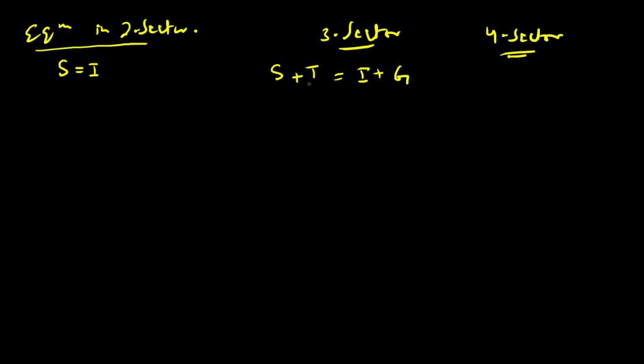Initially, saving was the only leakage from the circular flow of income in the two sector economy, and investment was the only injection. In the three sector economy, saving plus taxes are two leakages, and investment plus government expenditure are two injections. And in the four sector economy, we will have the same condition, saving plus tax equals investment plus government expenditure, but now we will add one more component to the leakages, that is import, and one component to the injections, that is export.